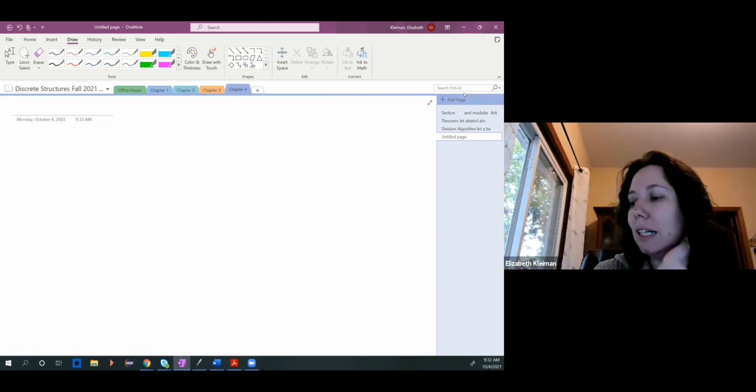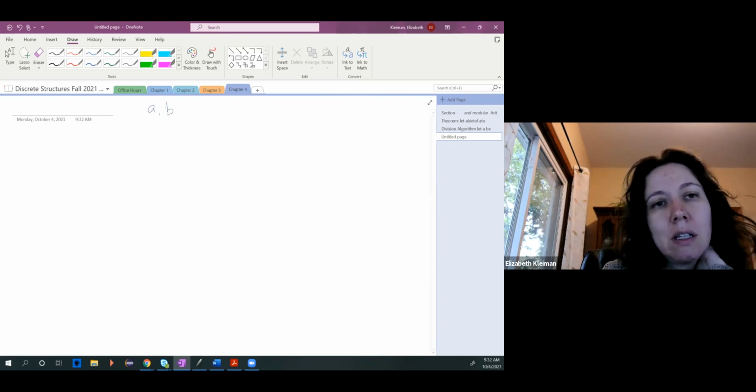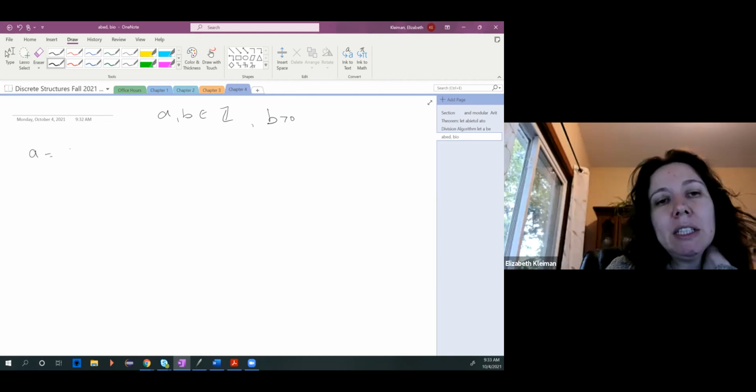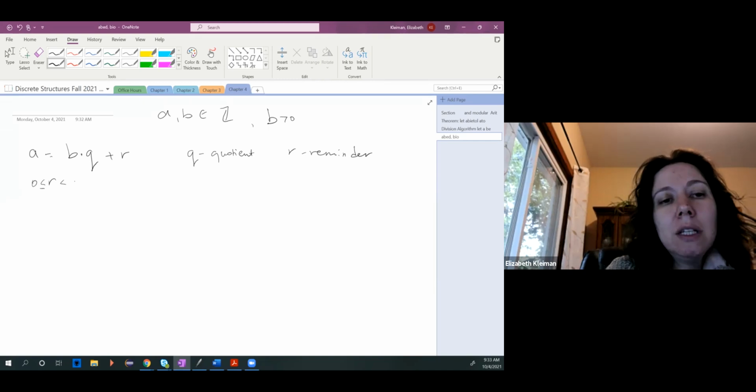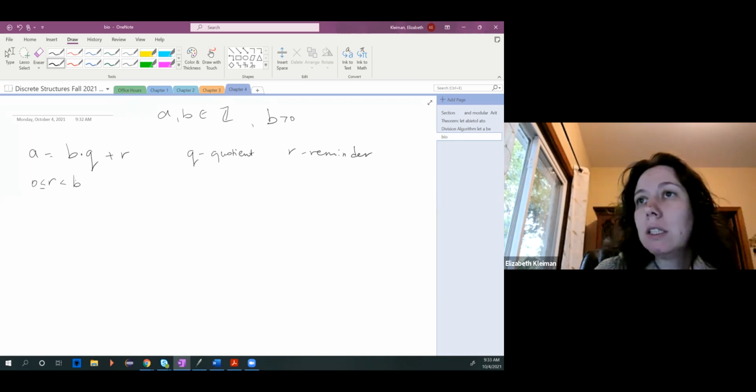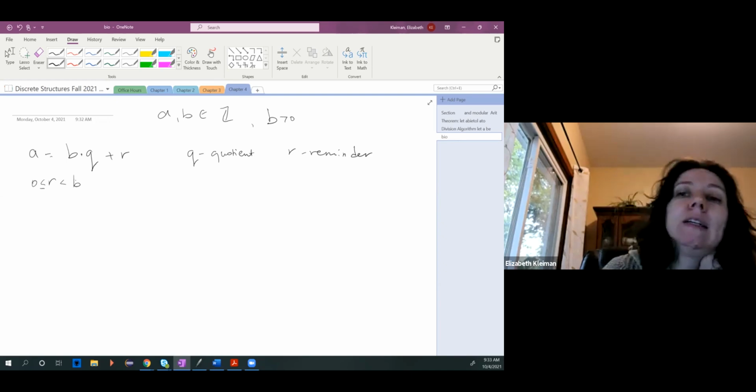We discussed that given integers A and B, where B is positive, A can be represented uniquely as B times Q plus R, where Q is the quotient, R is the remainder, and R must be between 0 and B.